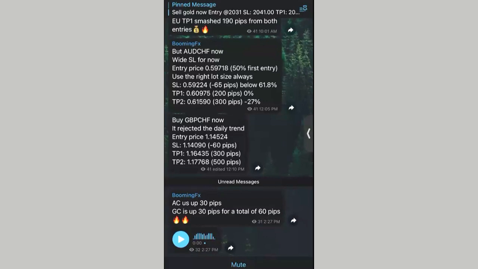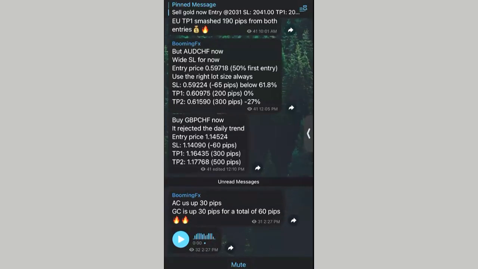Another thing is copying trades, right? Because there's a lot of new people right here. Copying trades is very crucial because sometimes we're going to use phrases like AC and GC and stuff like that, and you're going to be like, oh, what is that? It just goes back to the more time you spend learning, you're going to know what all the pairs are called.